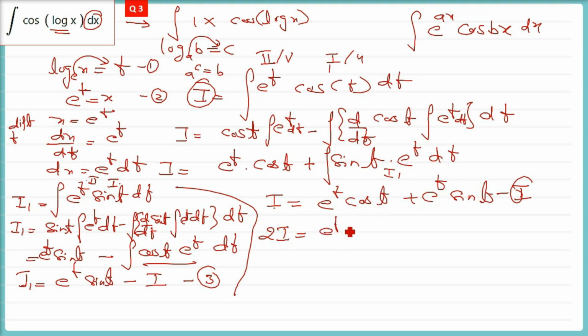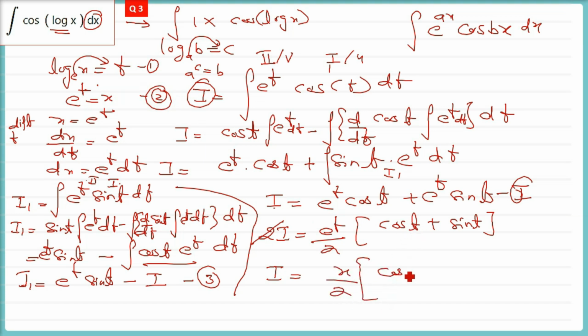You can take e raised t common, and 2 you can bring downstairs on the right hand side. So cos t plus sin t will come. Because you assumed something, you need to substitute back at the last. So e raised t was x, and in place of t you can just write log x. So x times cos log x plus sin log x, with t again replaced by log x, plus a constant of integration. This is your final answer.